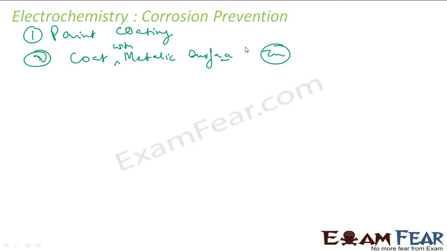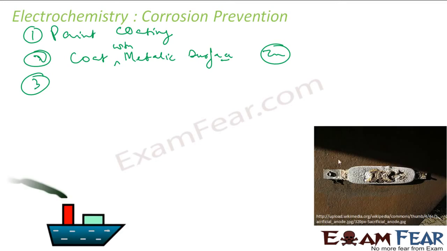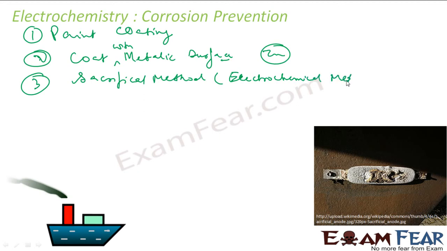We have seen that. The third is the electrochemical method, which is called the sacrificial electrode, and this is an example of the sacrificial method.